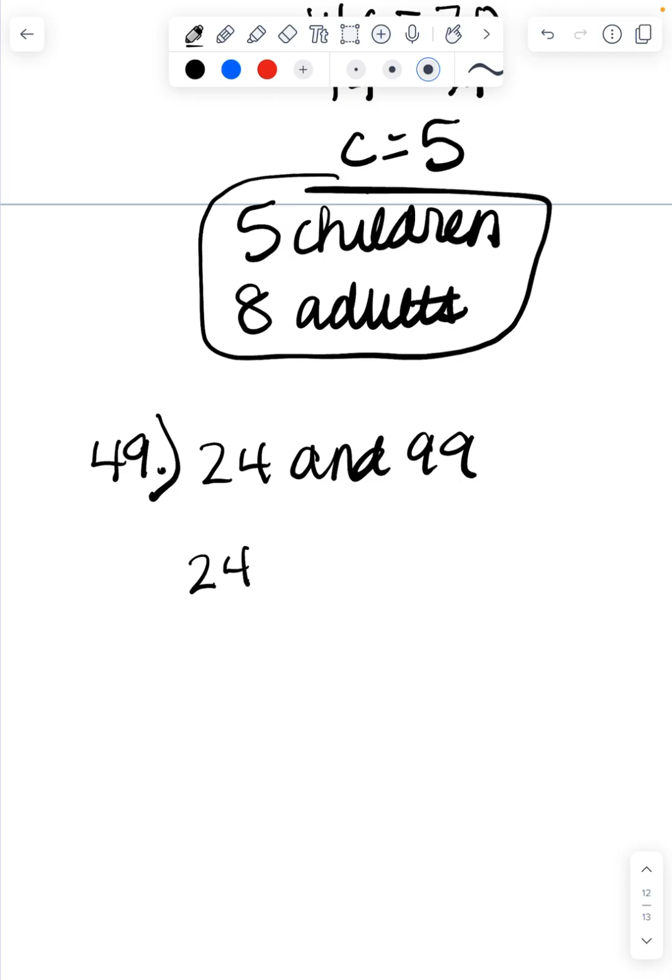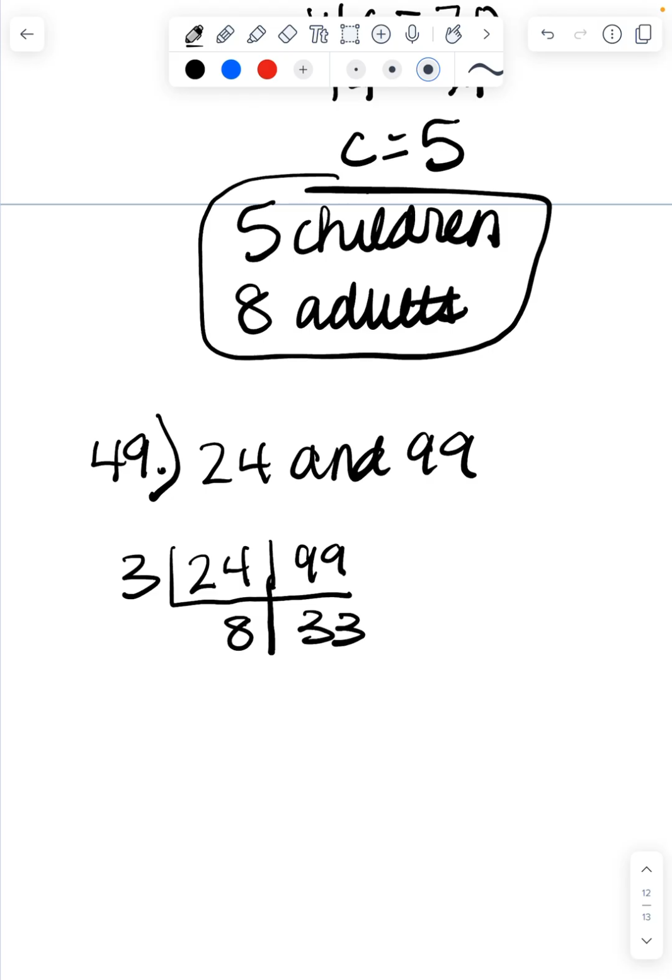So 24, 99, let's see what we could come up with. They both divide by 3. So that's going to give me 8 and 33. You know what? Let me see. Nothing else is going to divide out of them because 8 is 2, 2, 2.